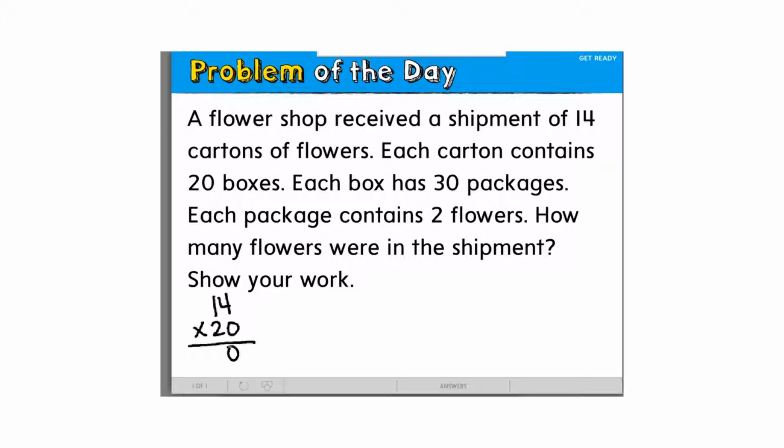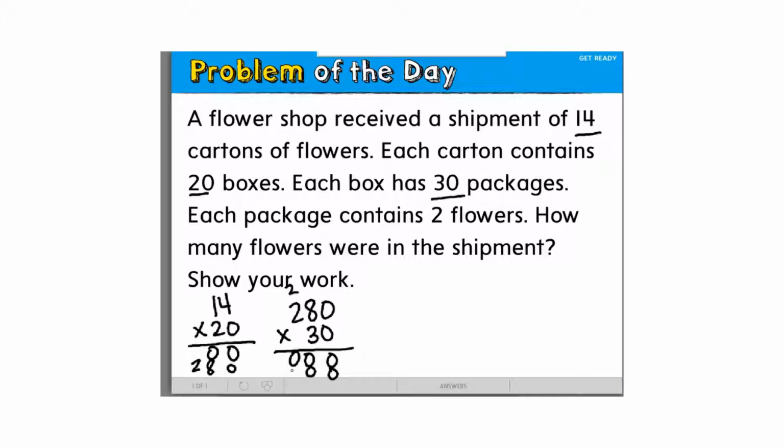She did 14 times 20, so the cartons times the boxes. So let's see. So that's 280. And then what did you do next? And then I did 280 times 30. So 30 was because of the 30 packages. So 280 times 30.